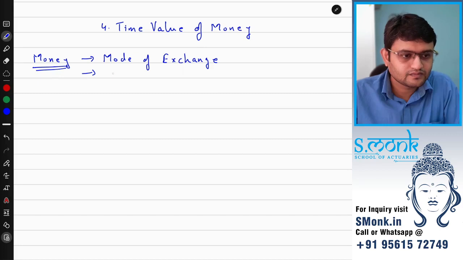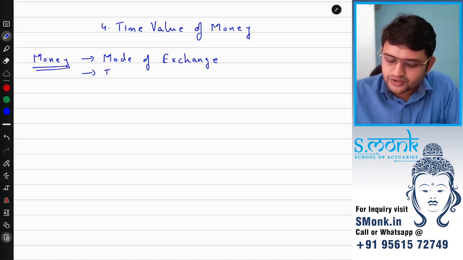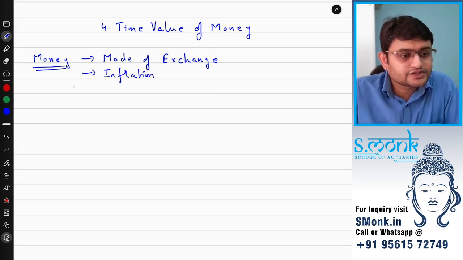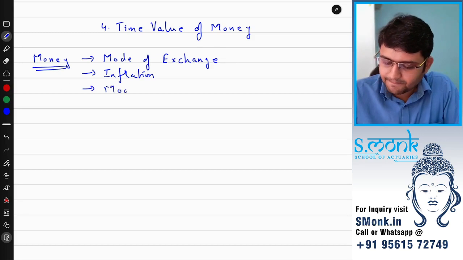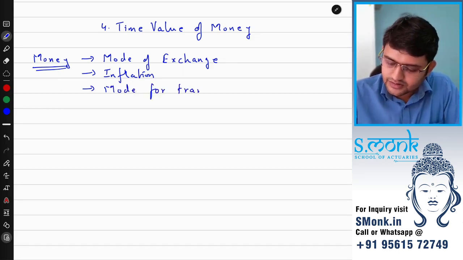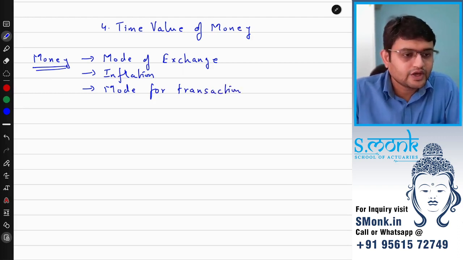Okay. Inflation. Then it is used for buying and selling, any type of transaction. Again, mode of exchange or mode of transaction. Universal mode of transaction, good.